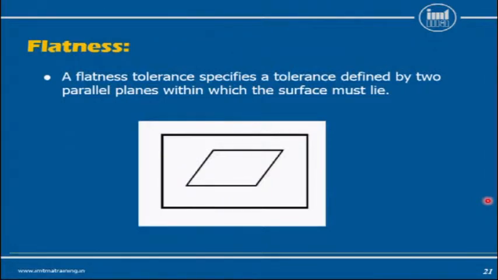Flatness is a 3-dimensional form control which specifies a tolerance zone of distance between 2 parallel planes within which the part surface must be contained.